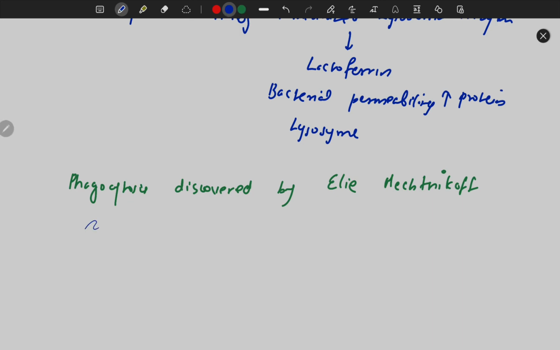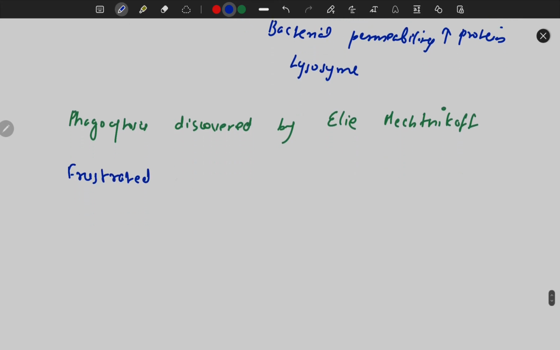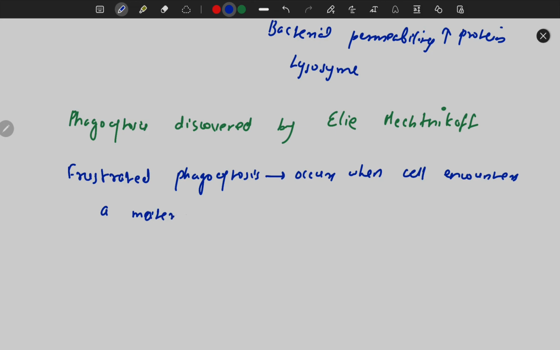There is something called frustrated phagocytosis. What is meant by frustrated phagocytosis? This occurs when a cell encounters a material, but the characteristic of this material is that it cannot be easily phagocytosed.